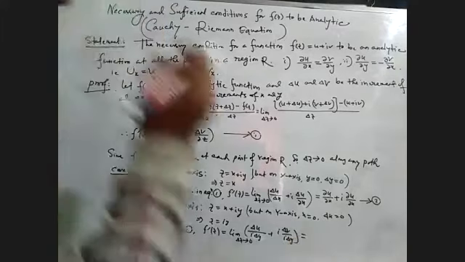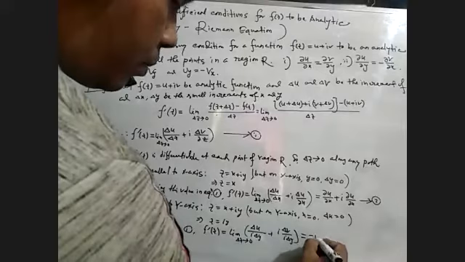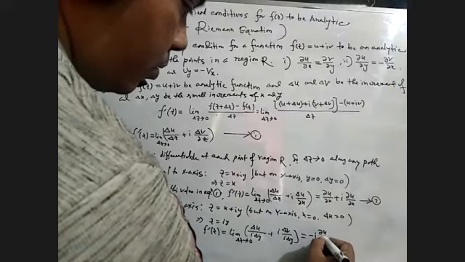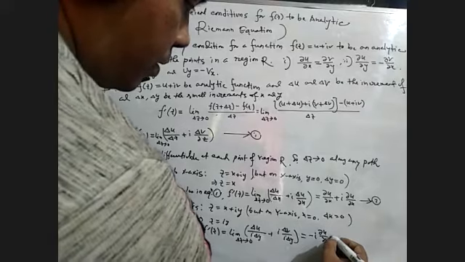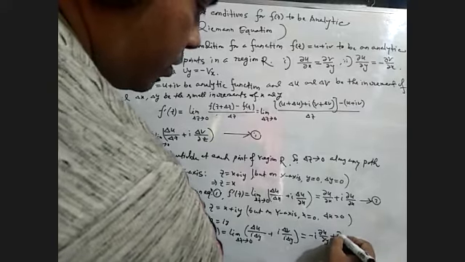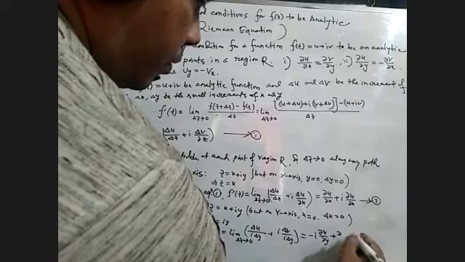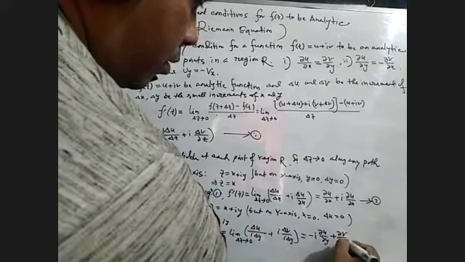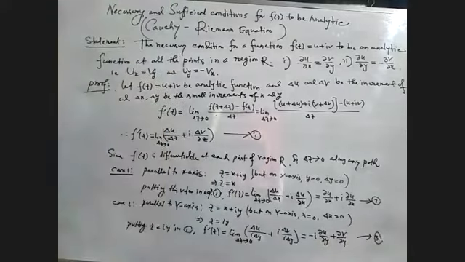This can be written as minus i del u by del y plus del v by del y. This is equation number 3.